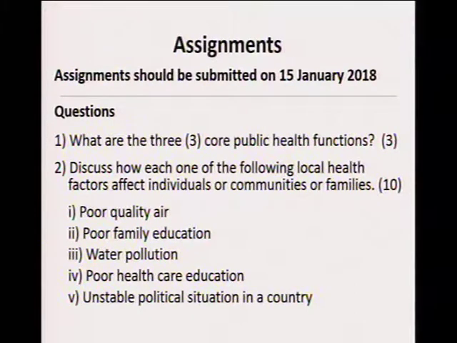And then the second question is, discuss how each one of the following local health factors affect individual or community or families. So there are about five points.